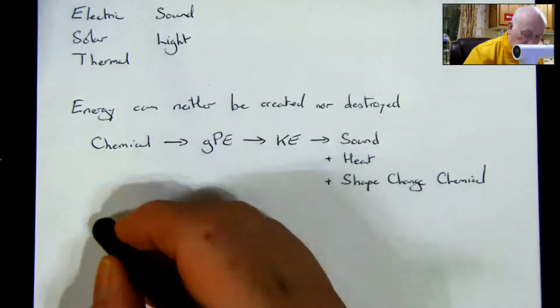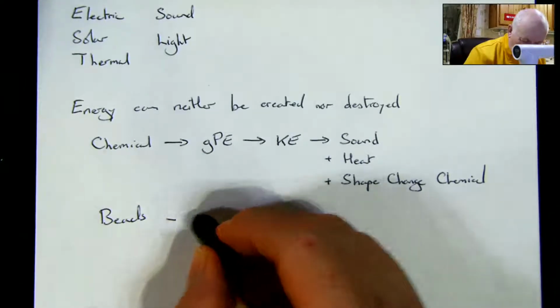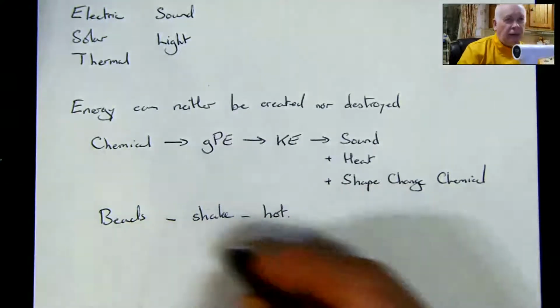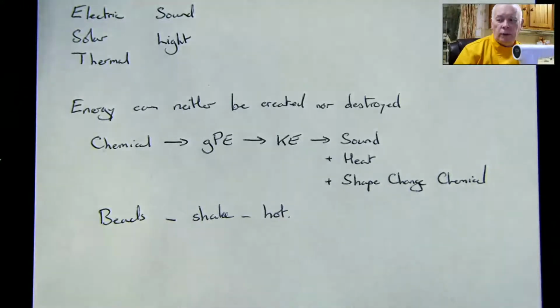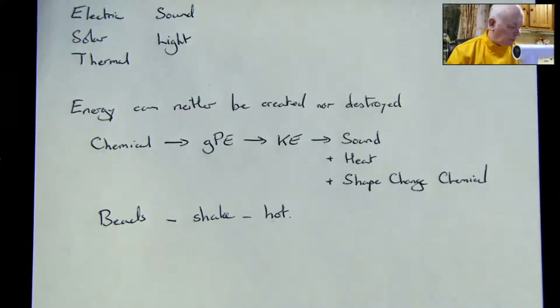So we can do the beads experiment, and we shake beads and they get hot. And that is a way of showing how energy is changed from one to another. So this conservation of energy is vitally important to us, and we can do all sorts of things and experiments to try and show this, and we'll have a look at some of those.